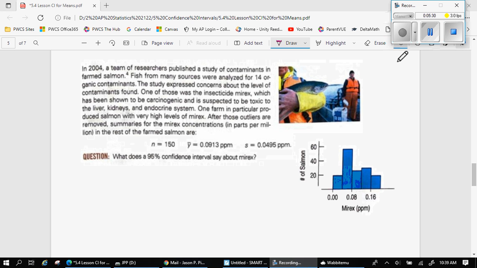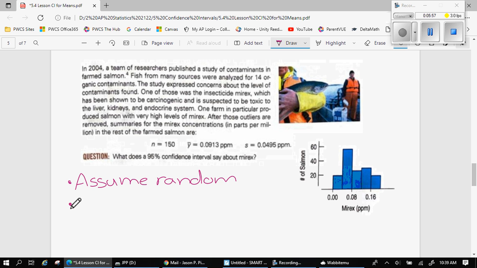It doesn't say in here that we have a random sample, so we need to assume that it's random. We can assume that these 150 salmon are representative of all farm salmon. It looks like they went to different farms.